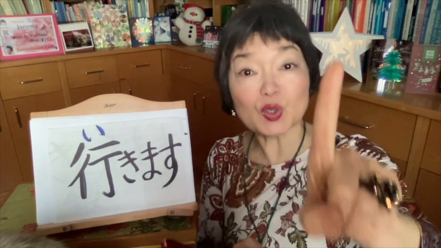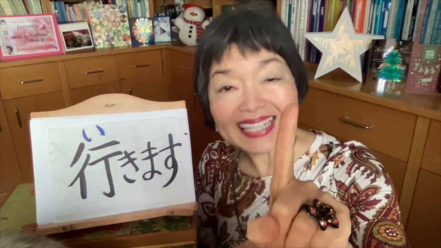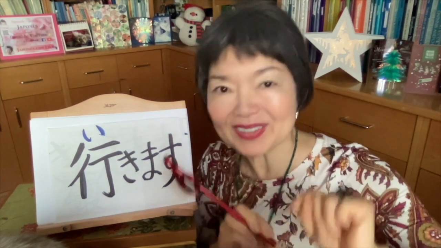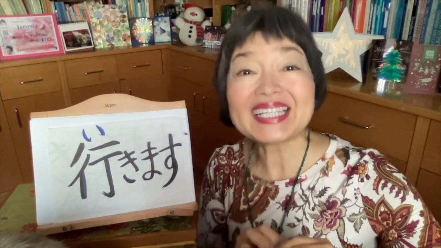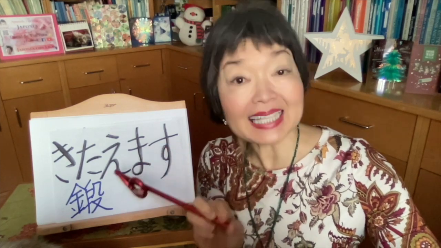So this is group 1. But for group 1, forming the te form is quite difficult. This is irregular in this way: 行って, with small tsu, the verb to go.